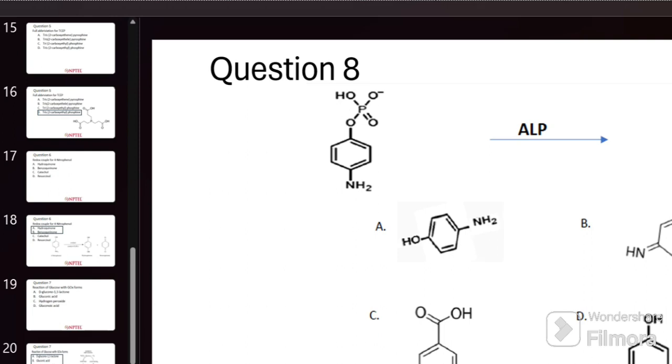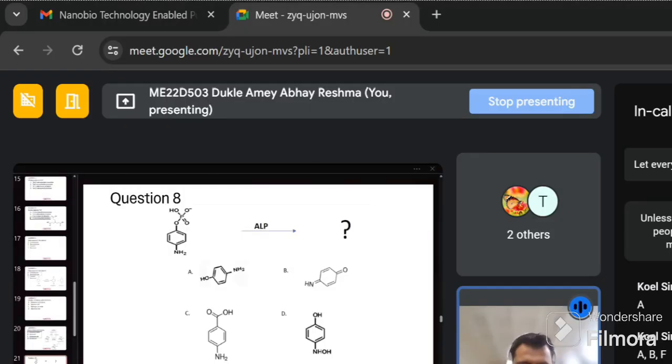The name of the compound is not given, and the names of the products are also not given, so you have to be strong with your chemistry basics. Do you know the name of this compound, or the name of any of the compounds, or even the full form of ALP? Anything you can give out.